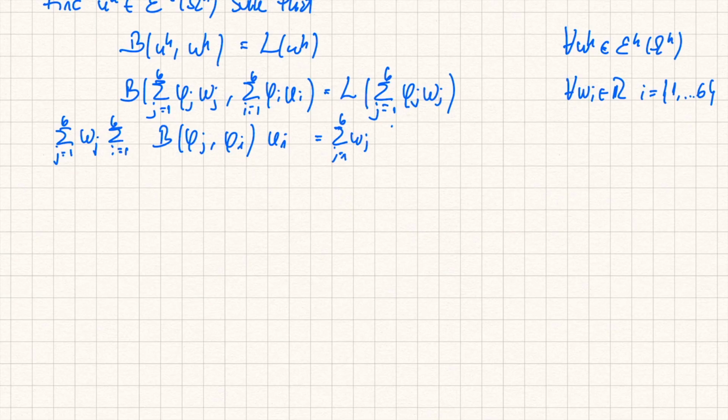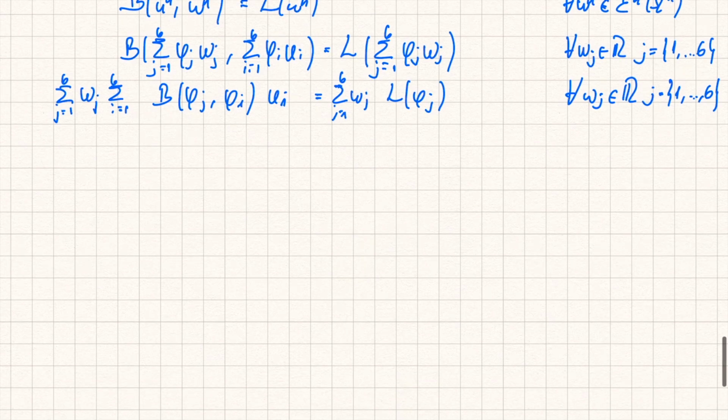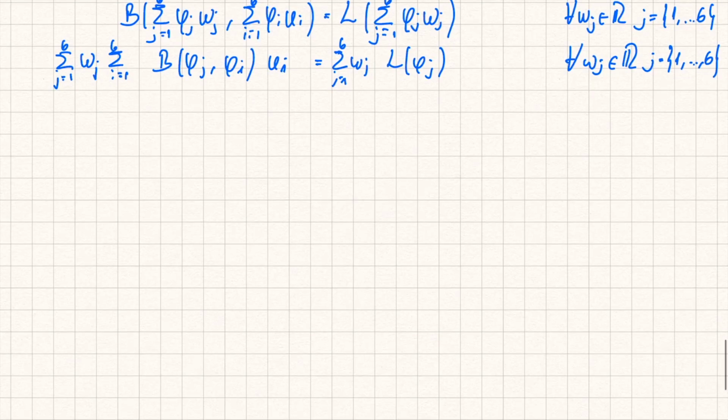And then this is still valid for all WI in R. And keep in mind that this is no longer I, but it's actually J. And then when we take all of these coefficients out, right, we're going to copy this guy.